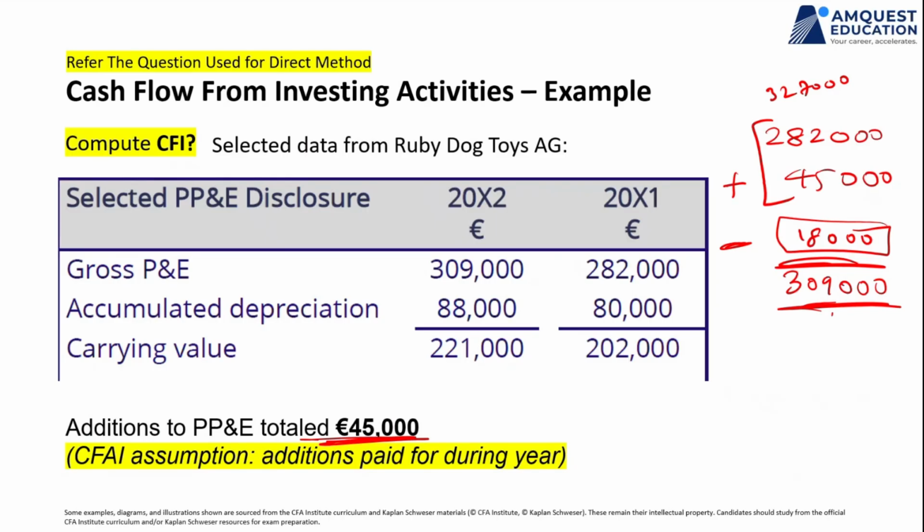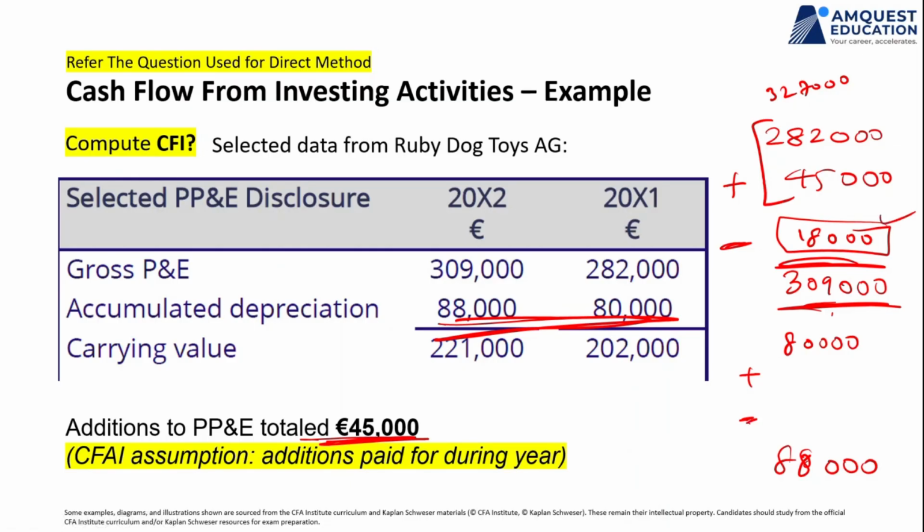Then how much is the depreciation? Last year was 80. This year is 88, closing accumulated depreciation. So we should know what the depreciation is between these two numbers. How much depreciation do I need to factor in? My depreciation expense is 14,000, minus depreciation related to the asset that I sold.